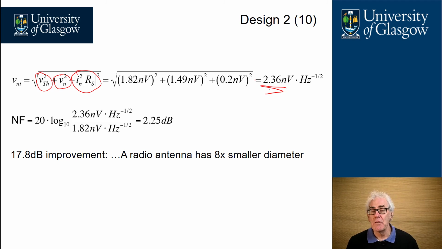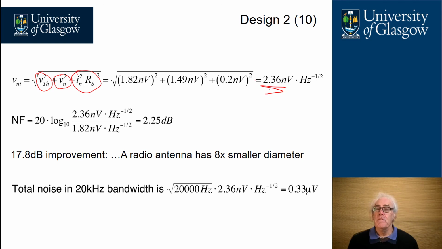And if that was a radio antenna, perhaps a radio dish, you've actually improved the size of the radio antenna by making it 8 times smaller because of the improvement purely from better noise design of the amplifier. The problem set out to say what is our total noise across a 20 kilohertz bandwidth.